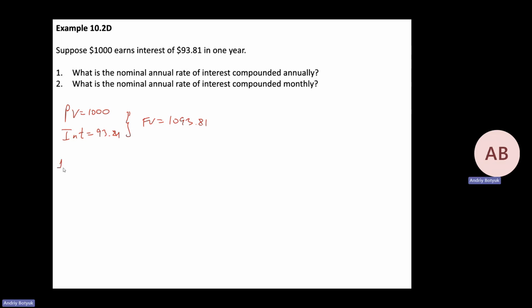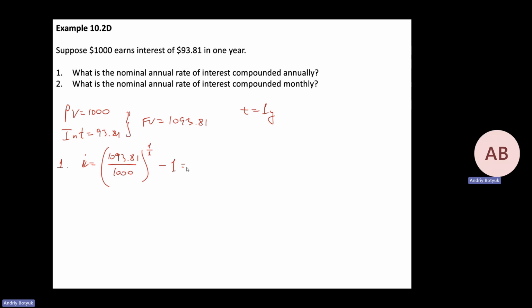So future value is 1093.81, and we know time T is 1 year, right? 93.81 over 1,000. Now I compound annually, so exponent 1 over 1. I put specifically that fraction just to stress that I compound annually, okay?